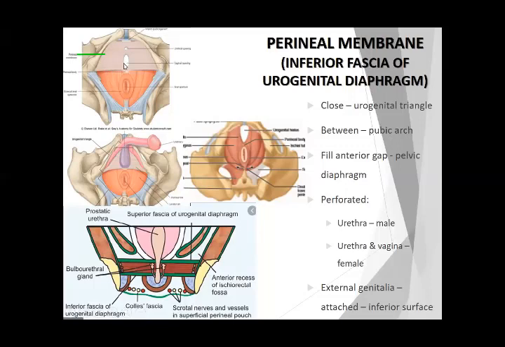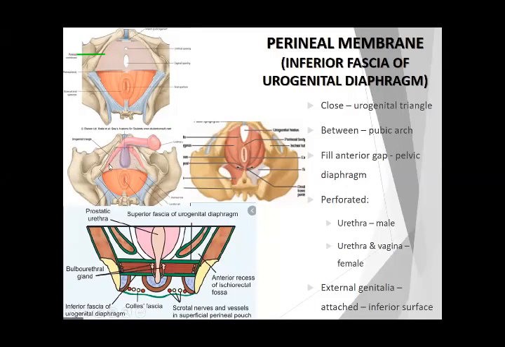And I just told you that it is perforated by the vagina in the females and the urethra in the males. This space is perforated by the vagina in the females here and the urethra in the males. In the males, it is only the urethra. Attached to the inferior surface of the perineal membrane are these structures, the external genitalia.